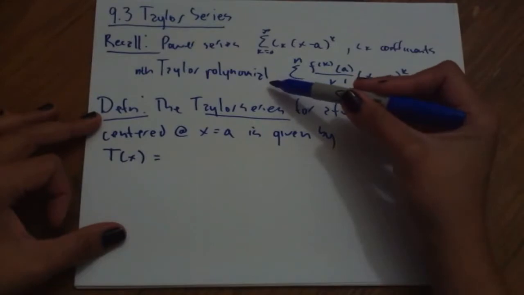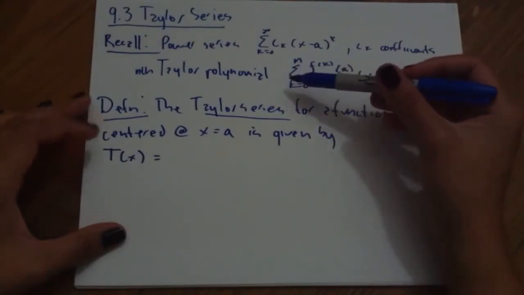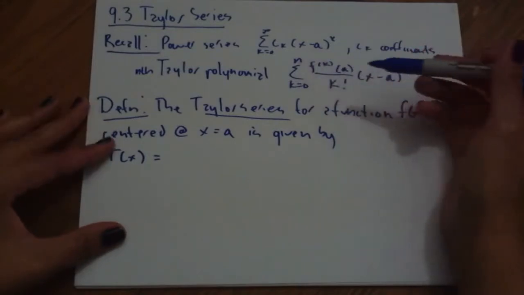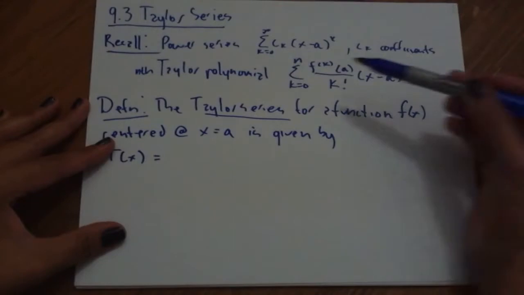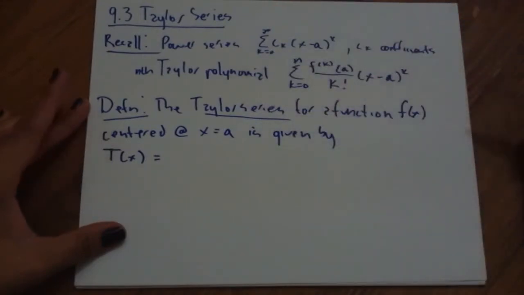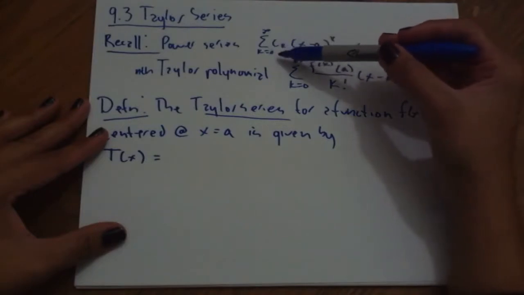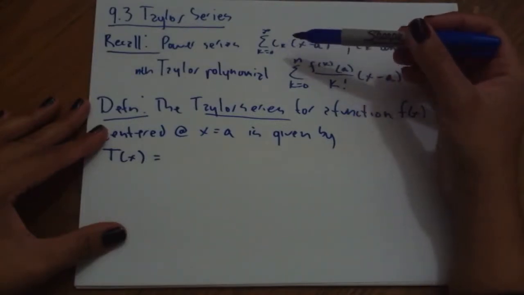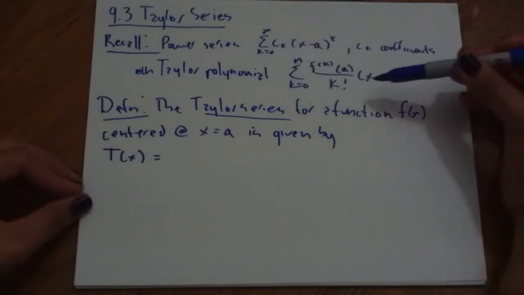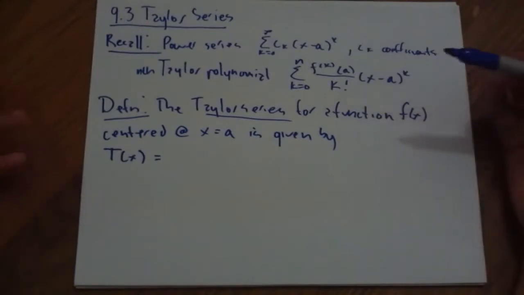Basically, we're piecing both of these things together. This is a polynomial because it stops. If you're second or third degree, you stop at the second or third term, so it's a second or third degree polynomial. Power series don't stop. But your general power series definition didn't give you much information on what was going to be happening with the c_k. Combining both of these, we steal the Taylor polynomial coefficient to help figure out what your power series coefficients are.